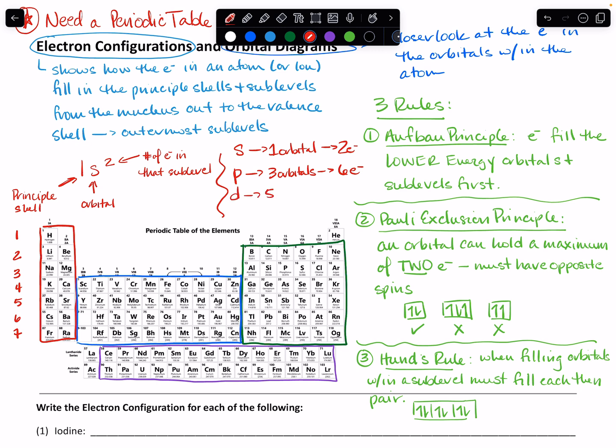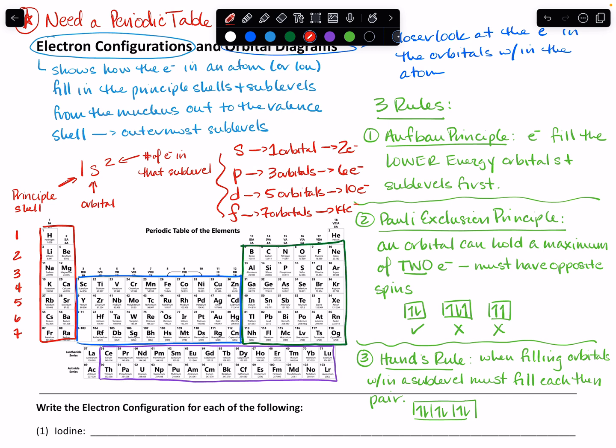The d sublevel, 5, you can see how the orbitals go up by 2 each time, so 10 electrons. And then an f sublevel has 7 orbitals, so 14 electrons.